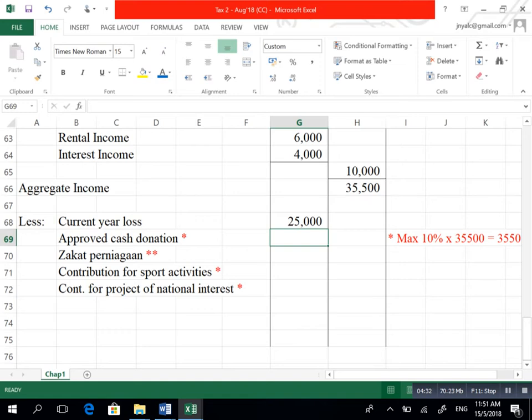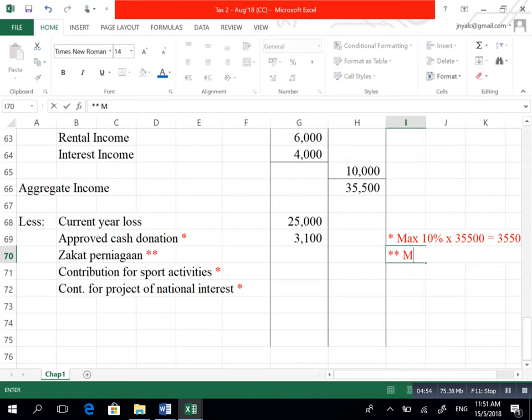And the third thing you have to see is, do you have enough income to deduct? Yes. So here I will deduct 3,100, the actual amount I donated. My maximum amount can be up to 3,550, so still enough. And continue. Let's calculate the maximum amount for zakat.